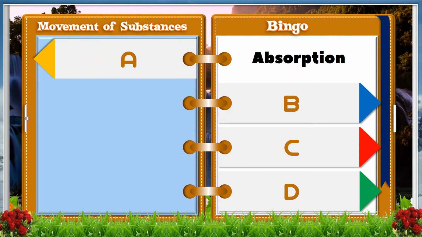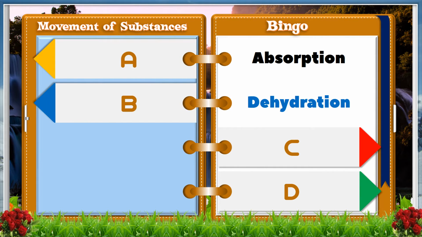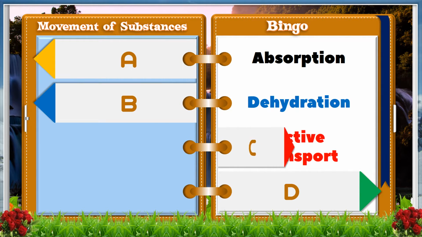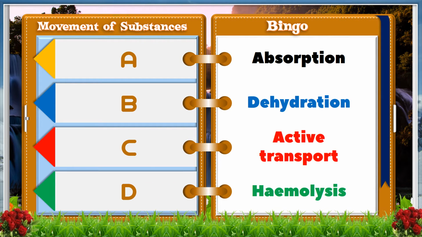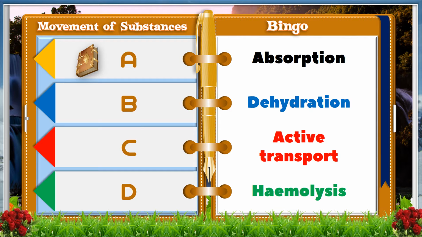A. Absorption. B. Dehydration. C. Active transport. D. Haemolysis. And the answer is A. Absorption.